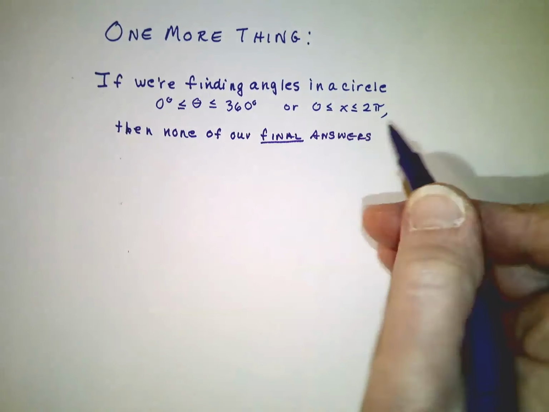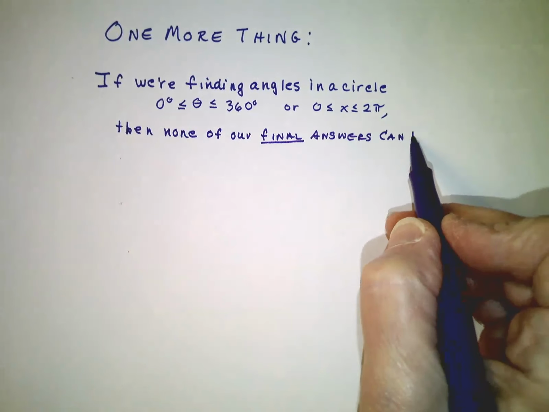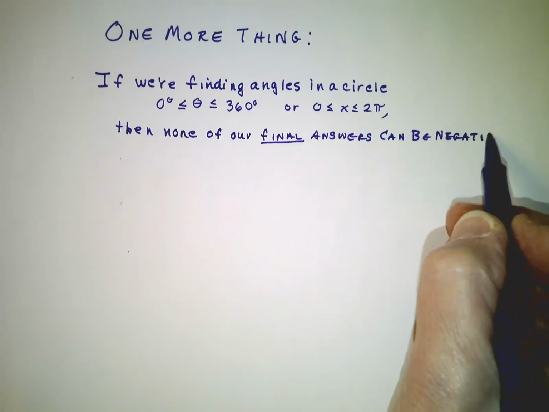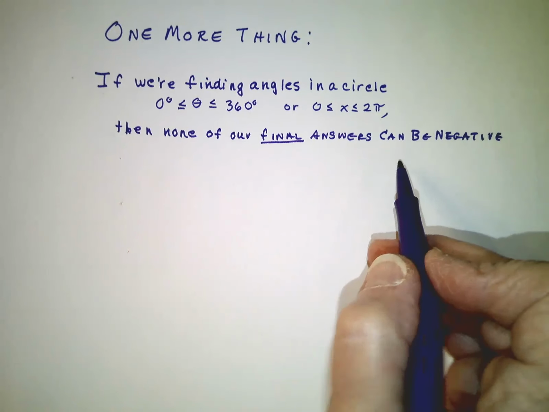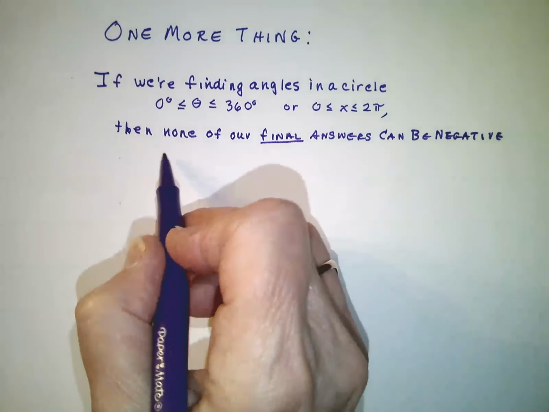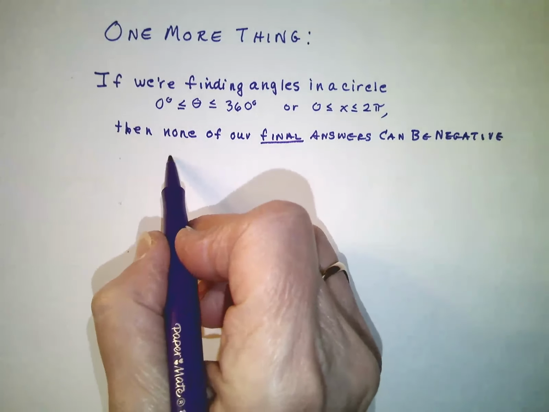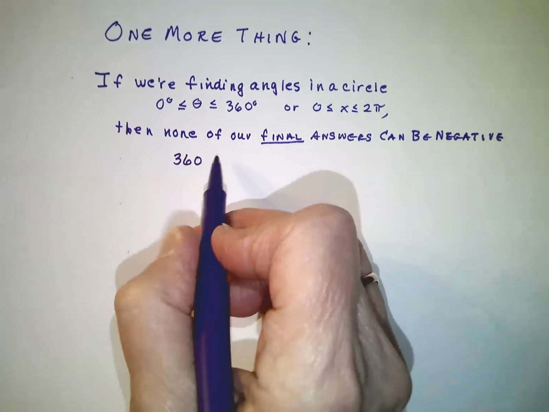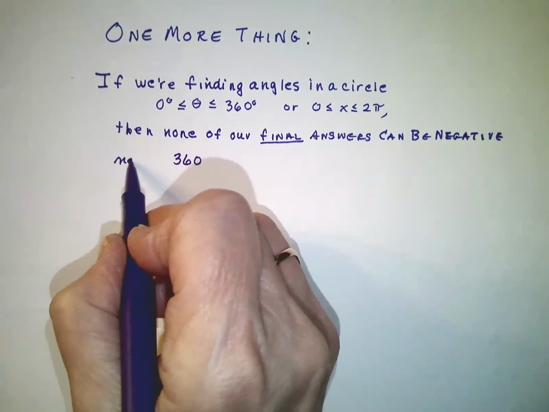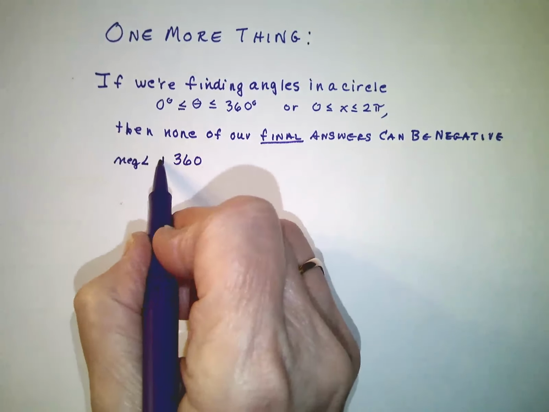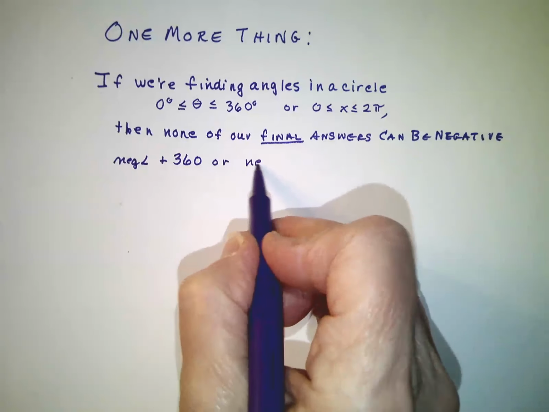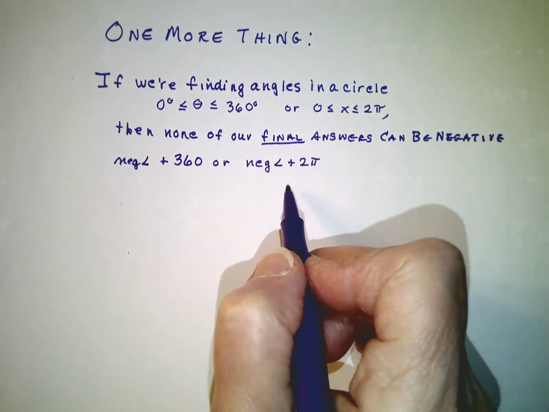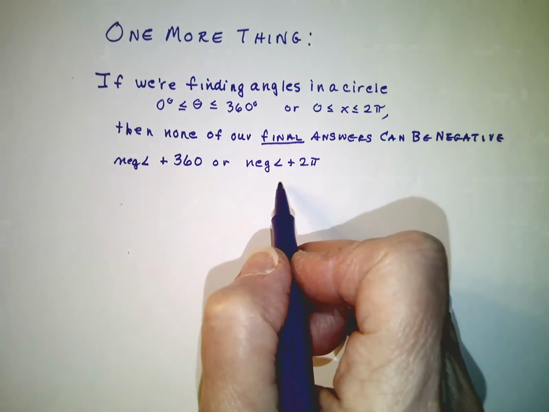And if they are, we're going to have to fix it. So what we do then is we would take this negative angle and either add 360 or take the negative angle and add 2 pi. Get the coterminal value for this negative angle.